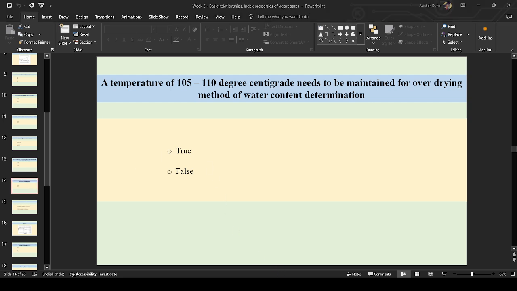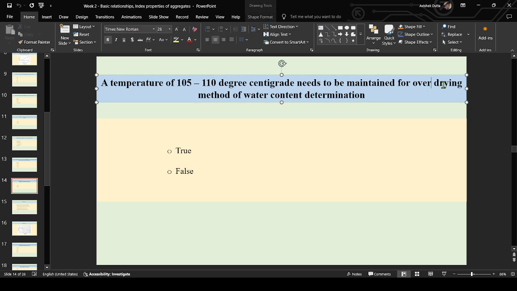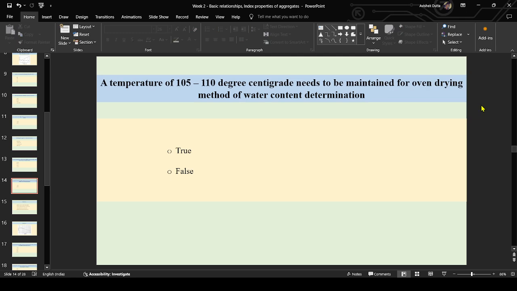This I think is the second true or false statement. A temperature of 105 to 110 degrees centigrade needs to be maintained for oven drying method of water content determination. Is this statement true or false?